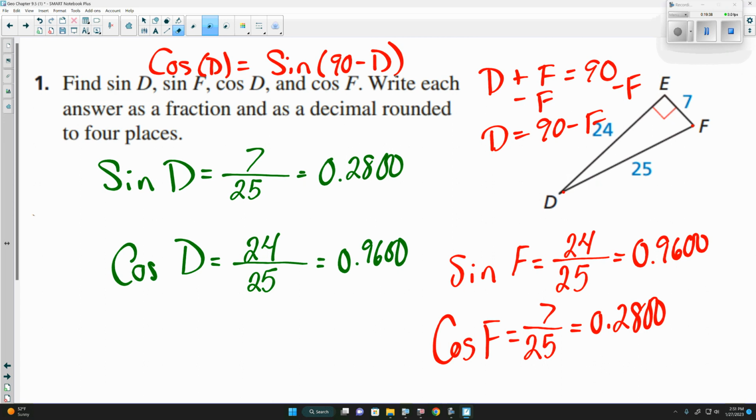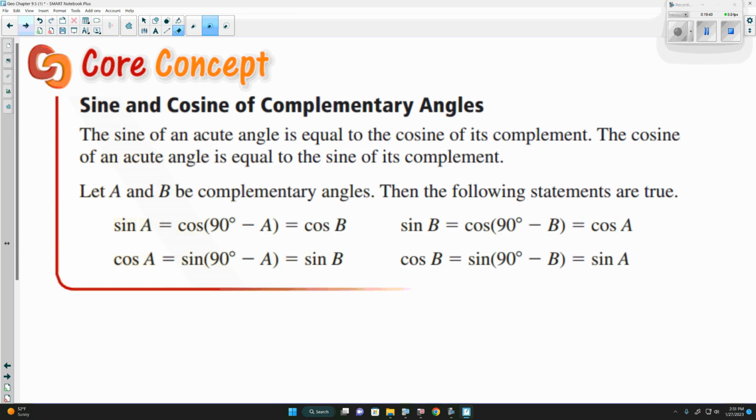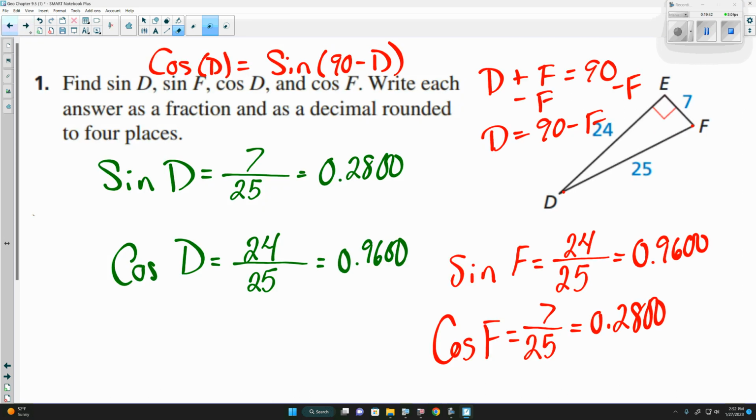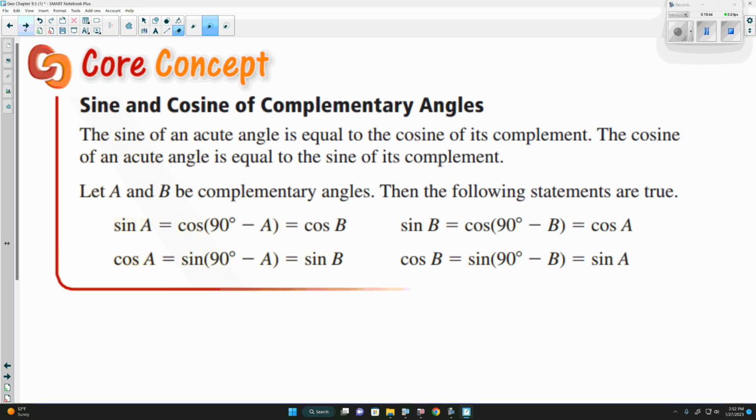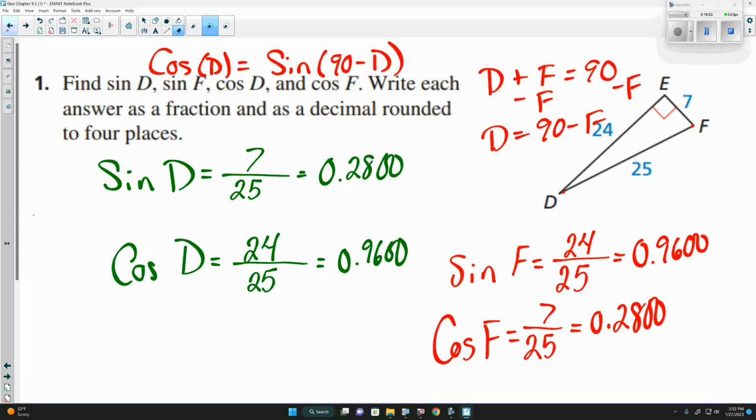Let me go forward too. Sine of A, or here, cosine of angle D is equal to sine of 90 minus A, which is equal to sine of B. Here, sine of angle D is equal to 90 minus F, because 90 minus that angle is needed for these two to match.